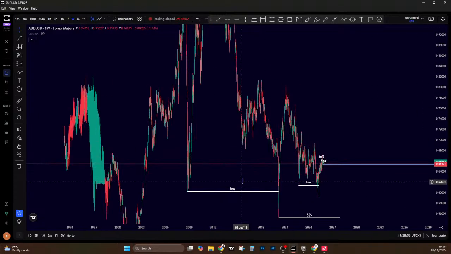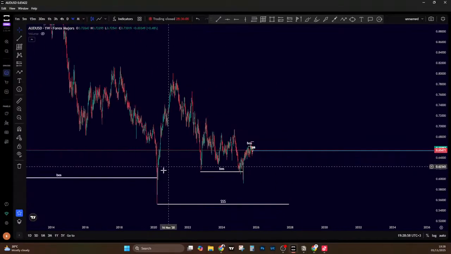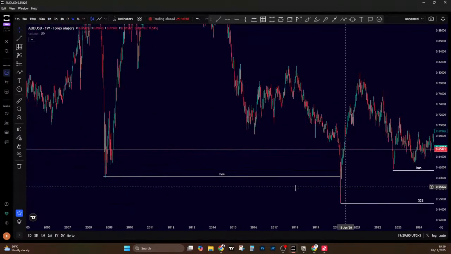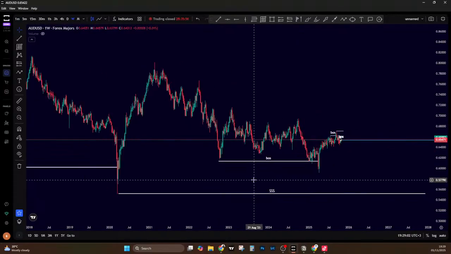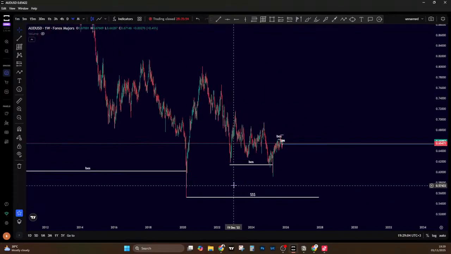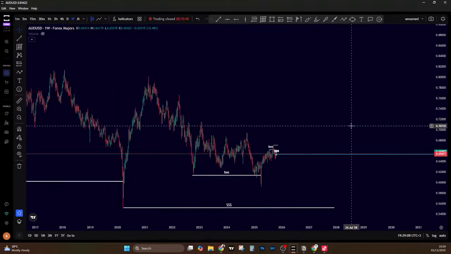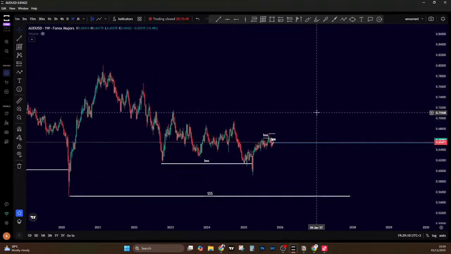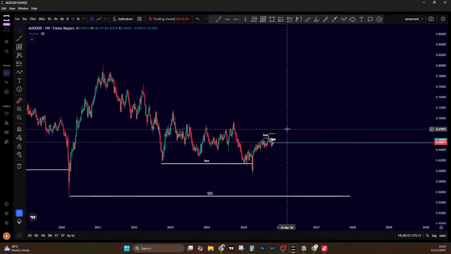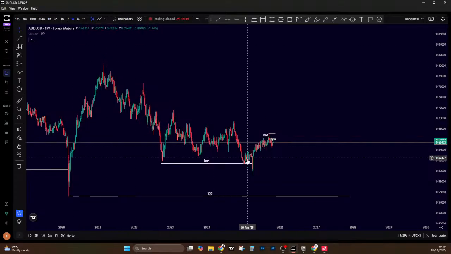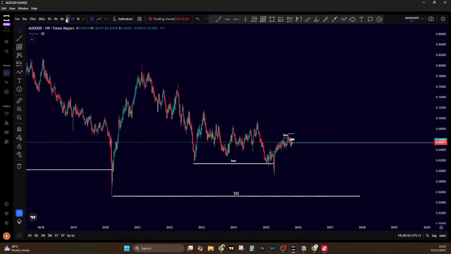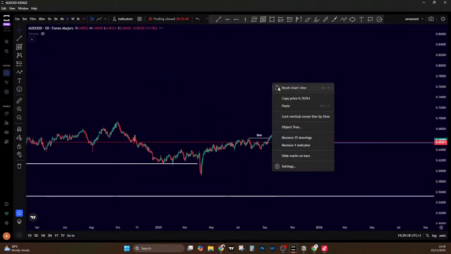All right. So that is what I am seeing for AU. So I'm seeing a bearish move. Let me see whether we'll see anything in the daily time frame.